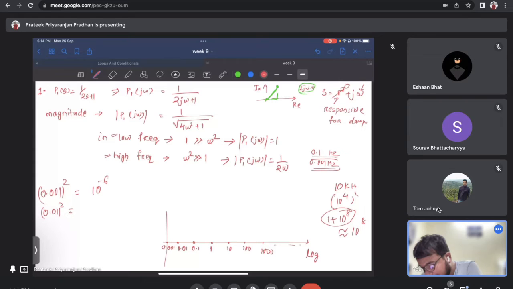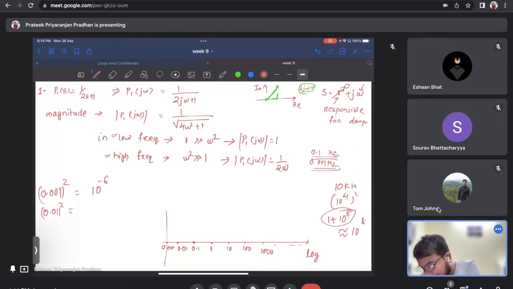But 1 in regular sense, but in dB scale, I'll just write it in the next page. So B part, it was 1 by root of 4 omega square plus 1. So when omega tends to 0, the magnitude is 1. But in dB scale, you know the calculation.